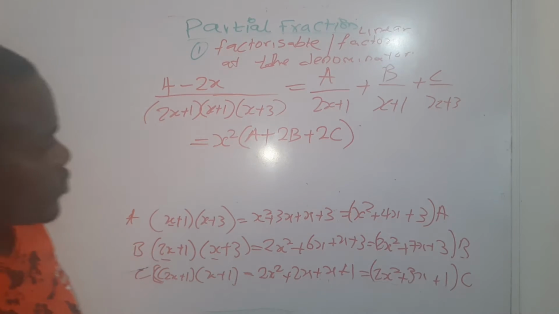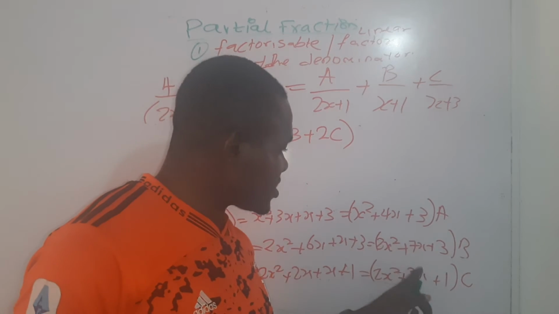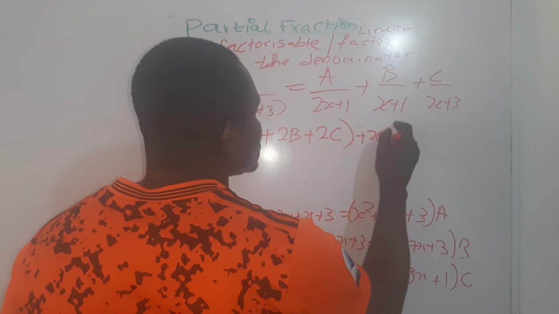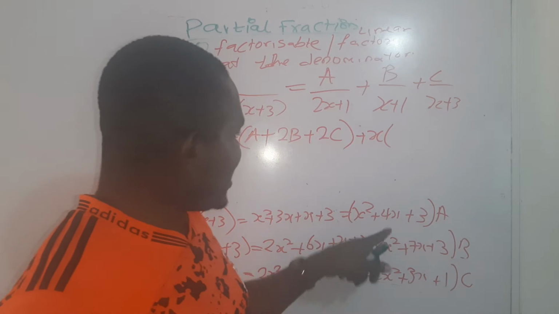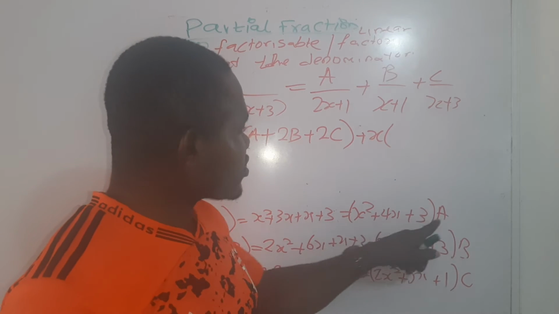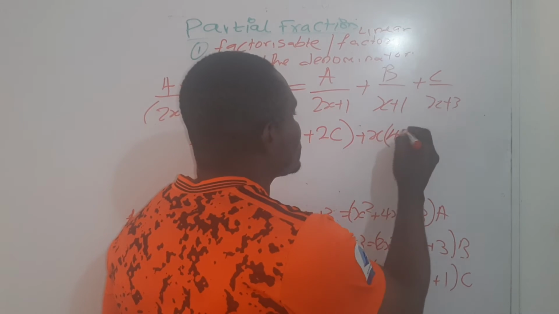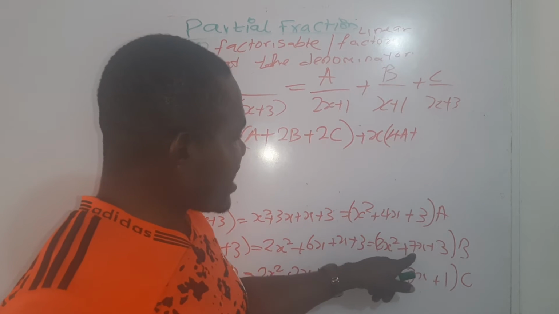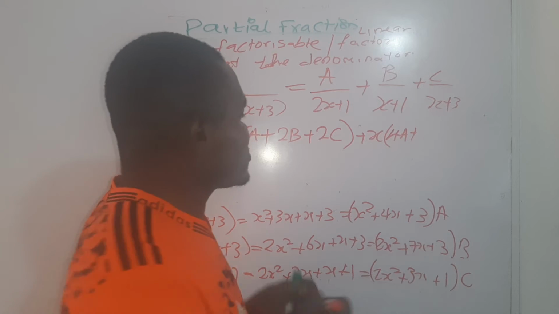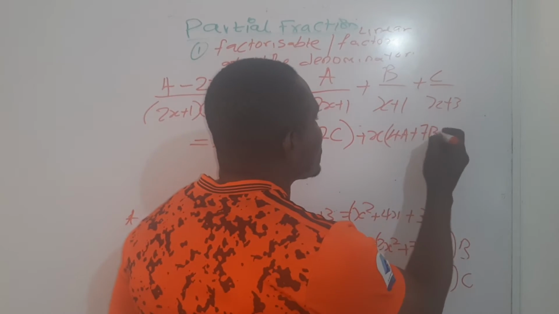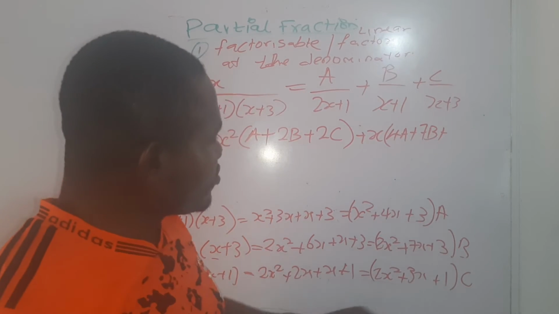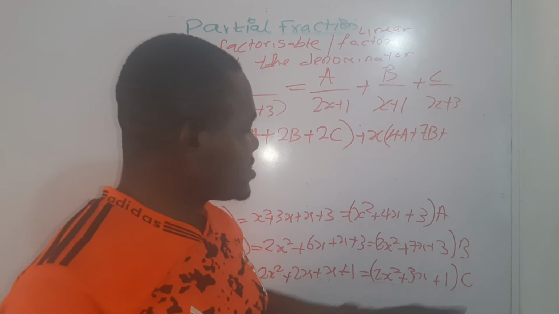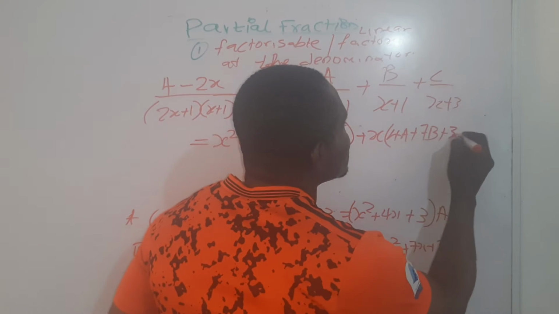That's that. Now if you look at it, there is s here, there is s here, there is s here. So which means s is common, that becomes plus s into, when you remove s from here, what remains? 4. 4 times A, you have 4A. Plus, when you remove s from here, we are having 7, B times 7, that is 7B. Plus, when you remove s from here, 3 remains, 3 times C, that is 3C.